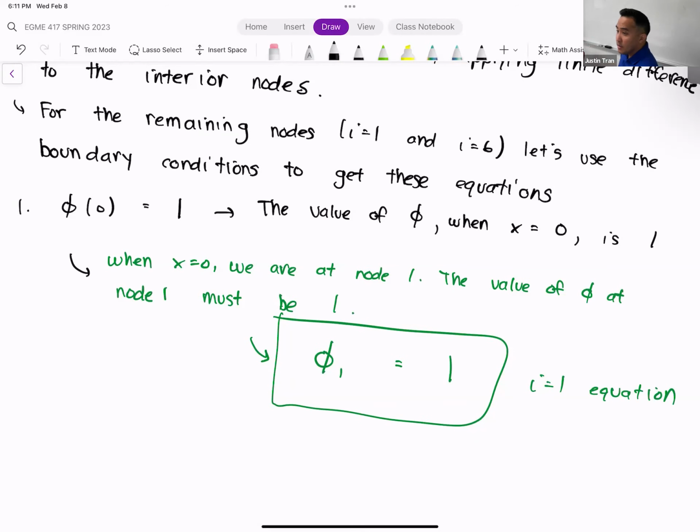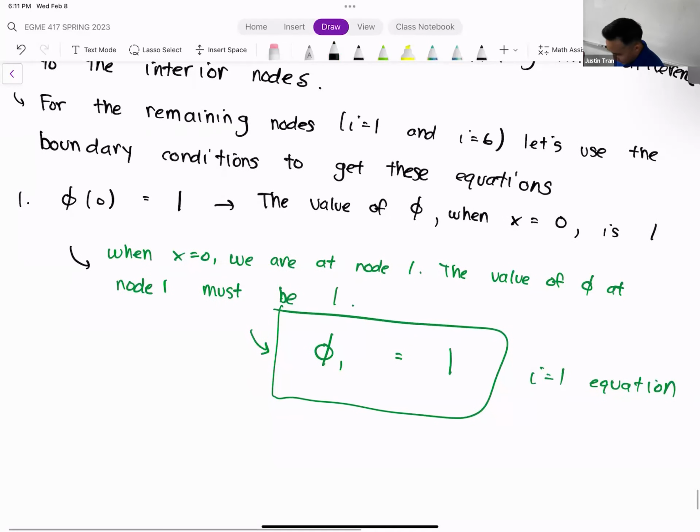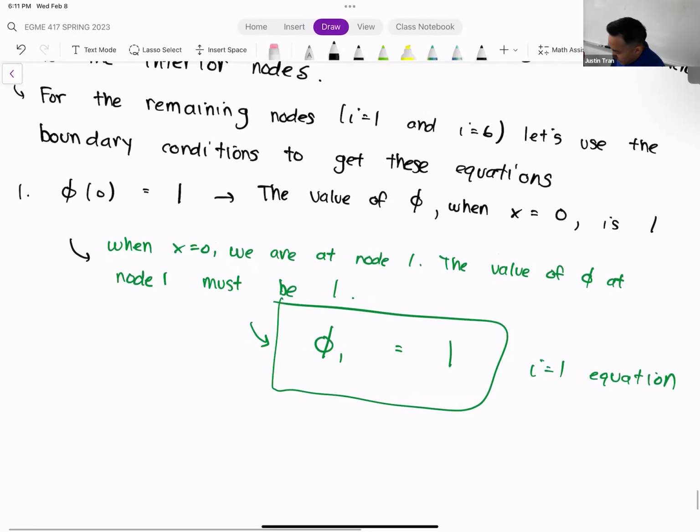Any questions on this? All right, so that's the I is equal to 1 equation, and we can say this is crossed off.